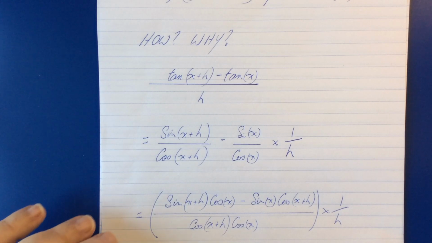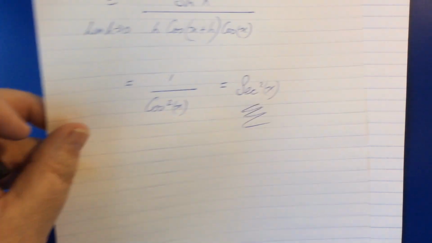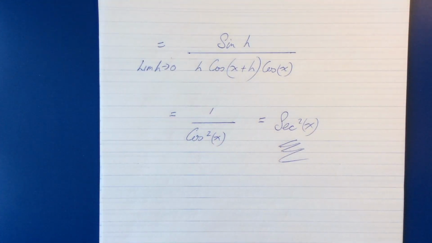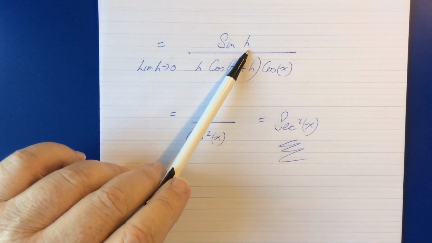Okay, so far so good. Let's move on. Now this runs for a page and a bit, so here's the bit. Right, what does this all get us? Well, by the time we've tidied up that top row, we're left with sine h.